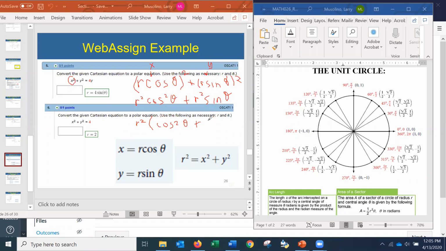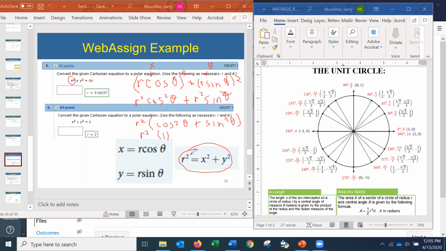But an alarm bell is going off because inside the parentheses is the famous sine squared plus cosine squared, which is 1. So this is just r squared times 1, which would just be r squared. And of course, we knew that because when we saw x squared plus y squared, we replaced it with r squared.